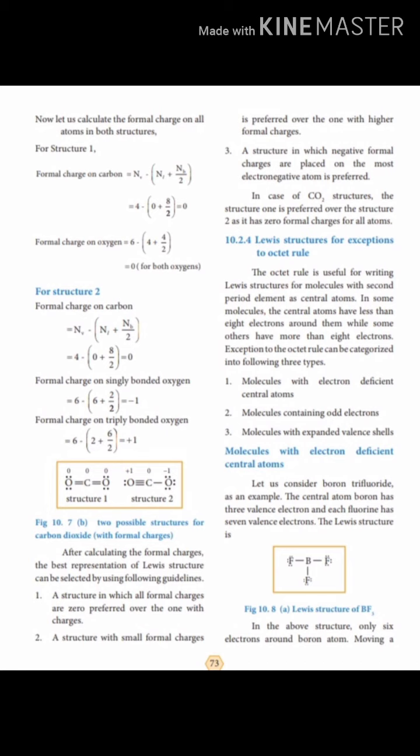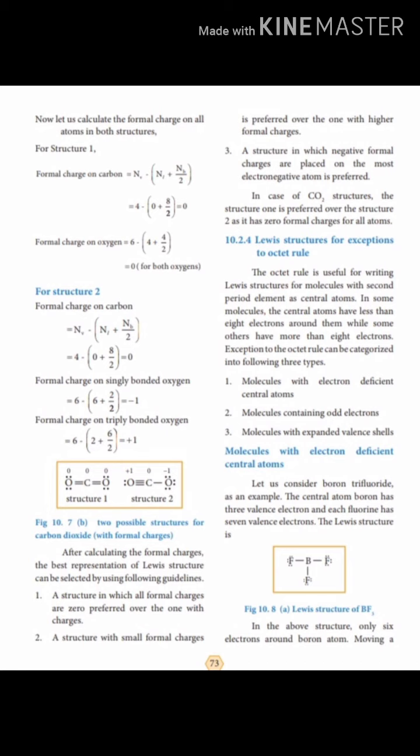A structure with small formal charges is preferred over one with higher formal charges. Third, a structure in which negative formal charges are placed on the most electronegative atom is preferred. In carbon dioxide, structure 1 is preferred over structure 2 as it has zero formal charges for all atoms.